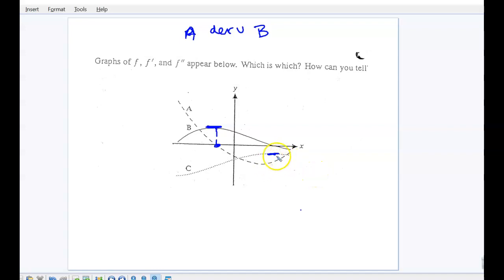So here's a hill on graph C, and there's an x-intercept on B. And as far as concavity goes, it looks like I have an inflection point on C approximately here, which means that would be a hill on f prime, and that matches up to there. And that would be an x-intercept on f double prime. So I think we figured it out that C is my function, B is f prime, and A is f double prime.